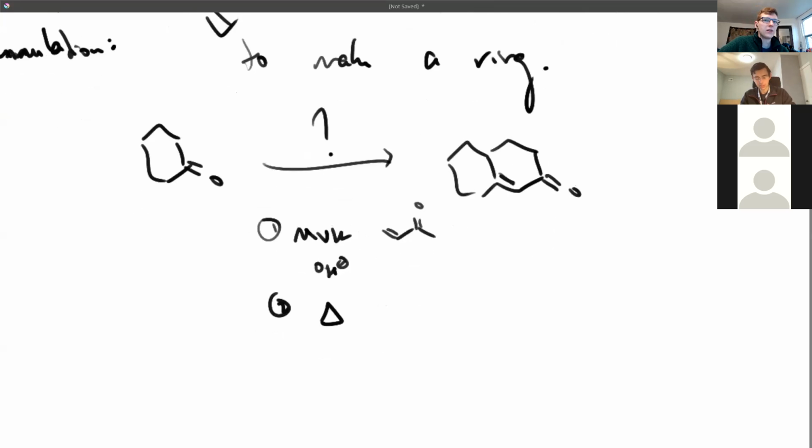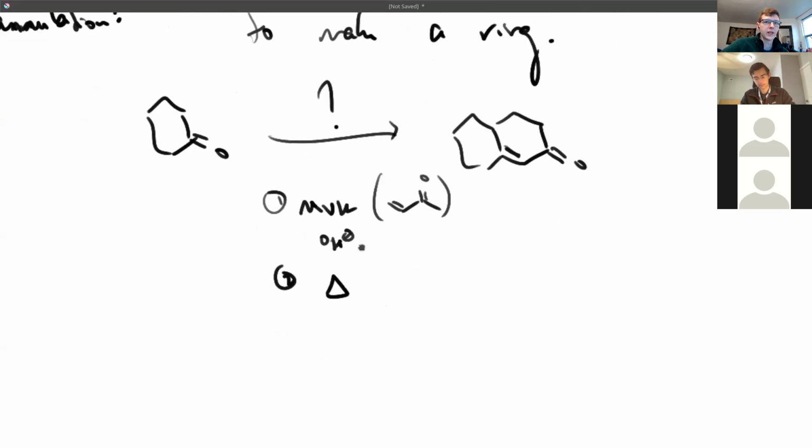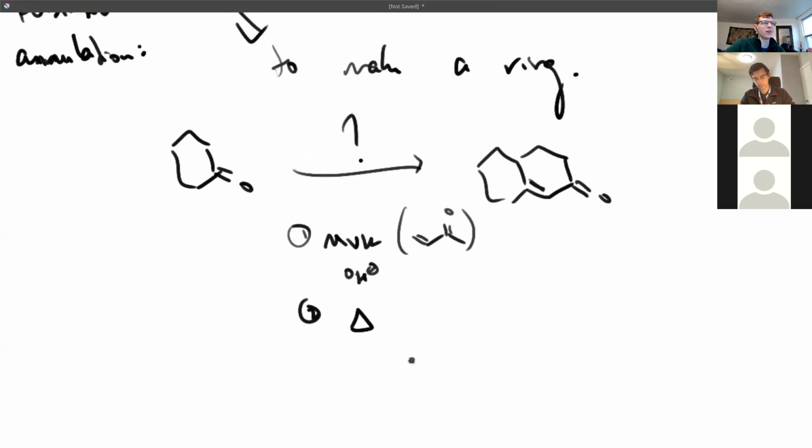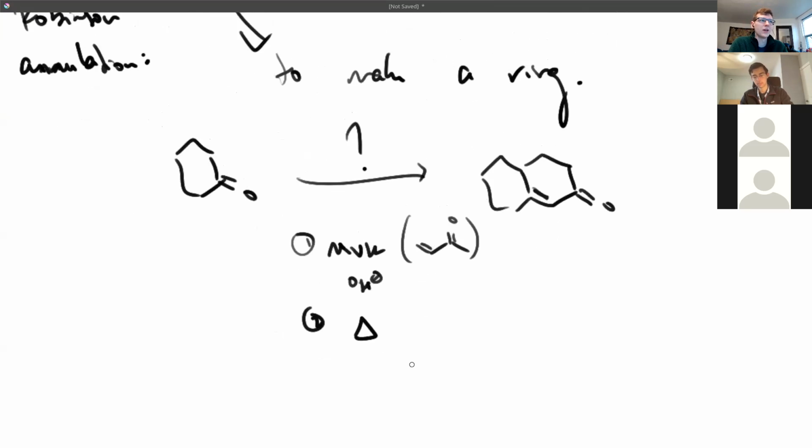For notation in this, is it acceptable just to write MVK in your experience? Yeah, it's totally fine. Okay, great. It's a widely used abbreviation. So even if Dr. Tong didn't really use it, I can't imagine that you would lose any points for something like that. It's a really common thing to say.